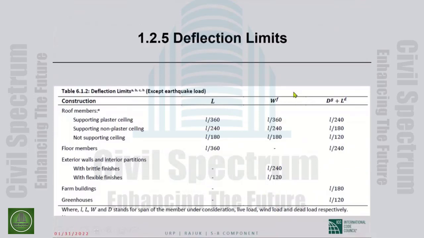Okay, so that is lateral, that is coming up. Now, I'll let you read roof members supporting plaster, seating, etc., floor members, exterior walls. These are the limits on the vertical deflection caused by live loads, L over 360, L over 240, etc. This is due to dead and live load.